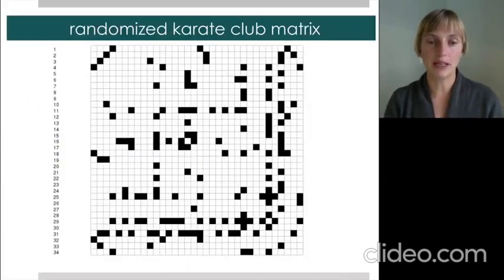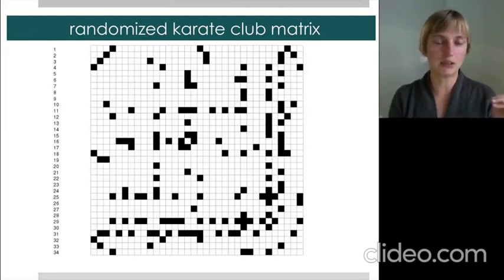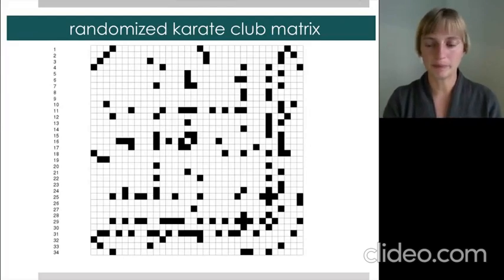If we were to randomly permute the rows, so this is the same network, it's just that which vertex has the label 13 and is in the 13th row is different in this matrix than it was in the previous one. And here we can see very little structure. This is a random permutation.